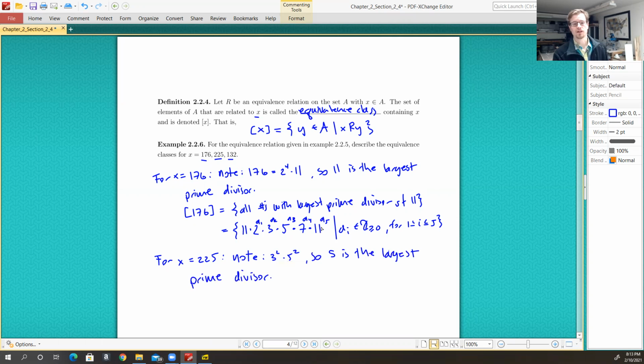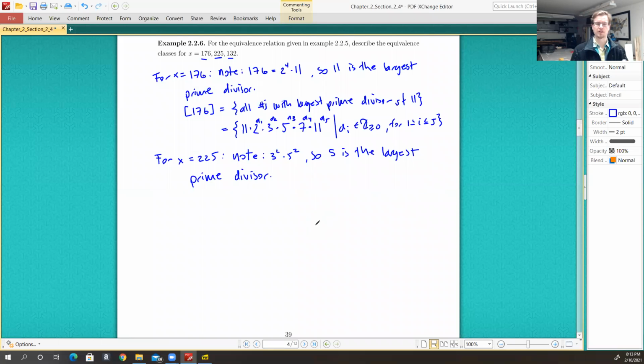With 5 being the largest prime divisor, the equivalence class containing 225 is simply going to be any number that can be written as a product of primes that are 5 or smaller.